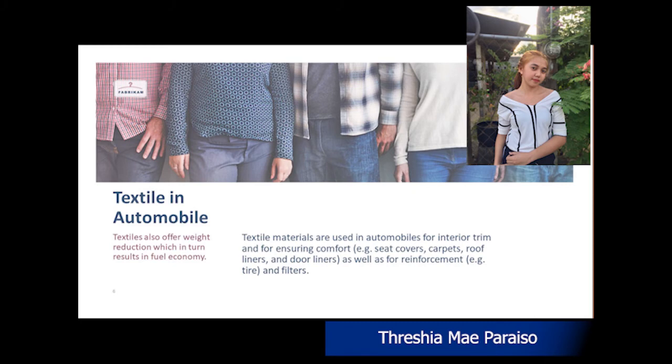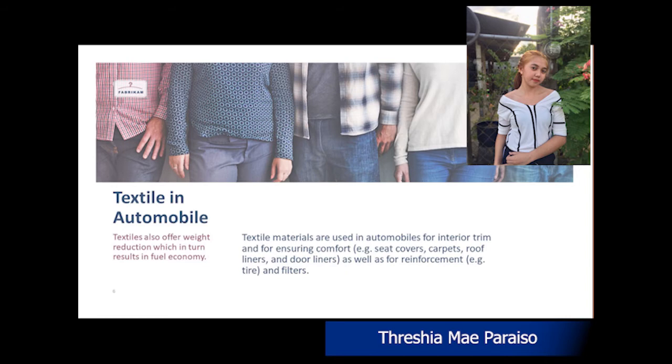Textile and automobile. Textile materials are used in automobiles for interior trim and for ensuring comfort. Textile materials are very useful and widely common materials to produce products that ensure our safety and comfort.